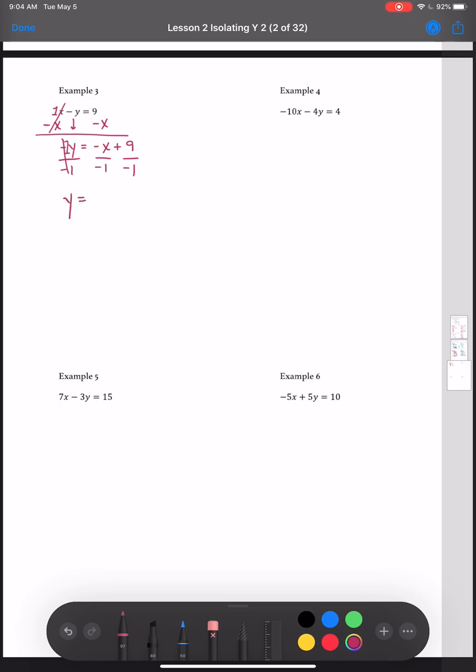We have negative x divided by negative 1, that's positive x. And we have positive 9 divided by negative 1, that's negative 9. So that's y equals x minus 9. The slope is your invisible 1, and your y-intercept is negative 9.